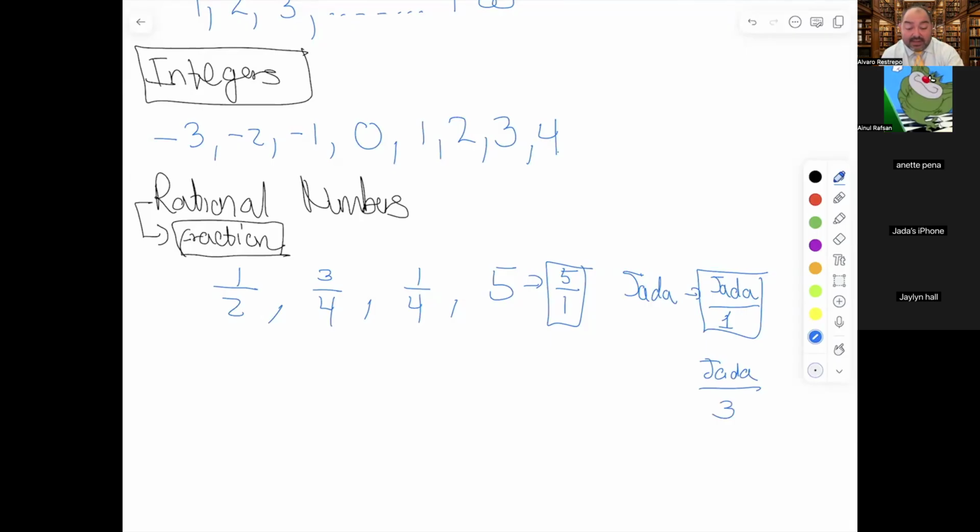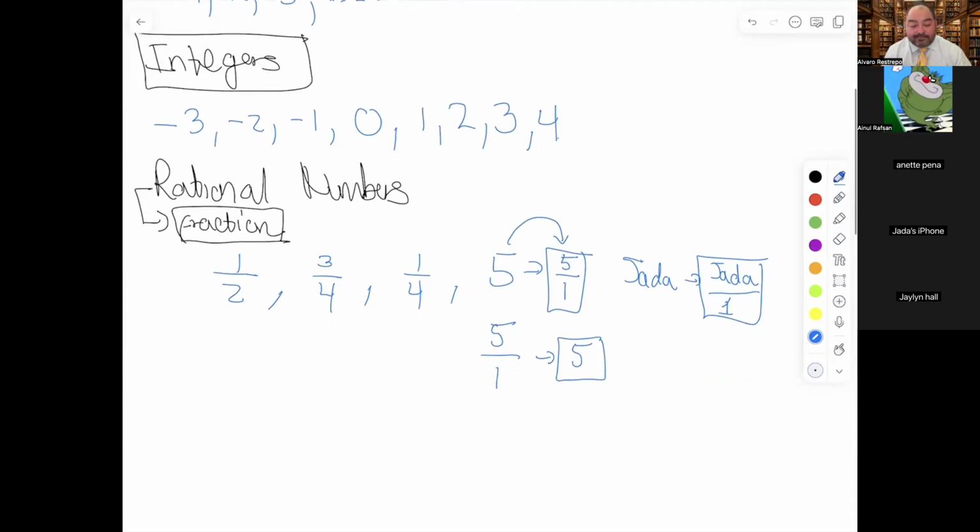That's totally different. But I'm not doing that. I'm putting your name over 1, or I'm taking the 5 and putting it over 1. I am not changing the value of 5 at all. And I can turn a fraction into a whole number, in this case 5. Just remember that. All right, let's keep going.